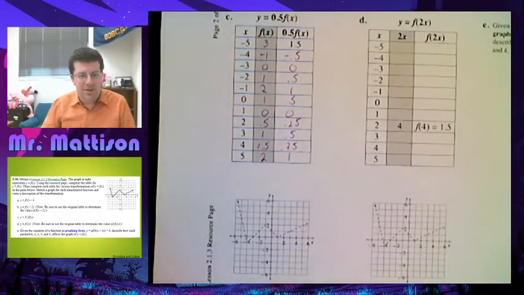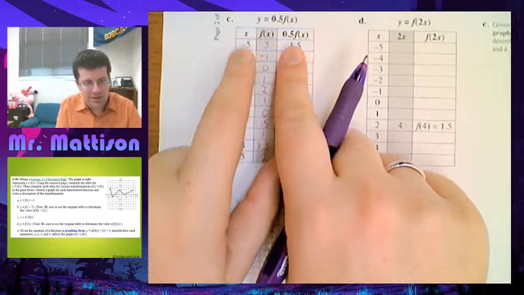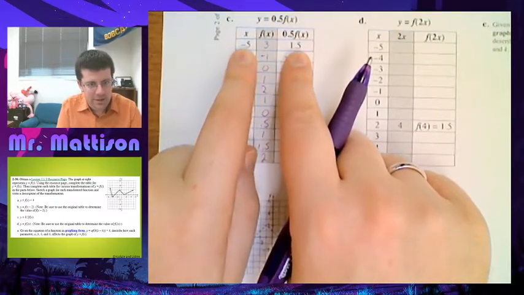So now let's plot all of these ones. So again, I'm plotting the white portions, here and here, -5, 1.5.